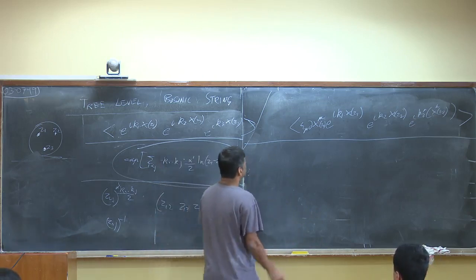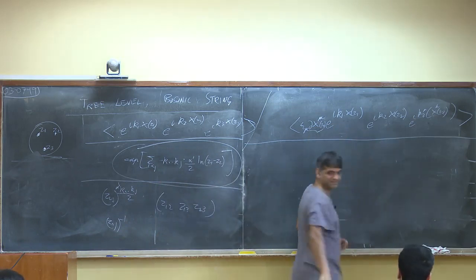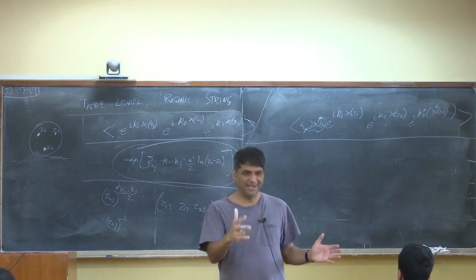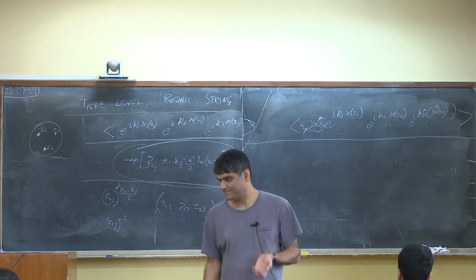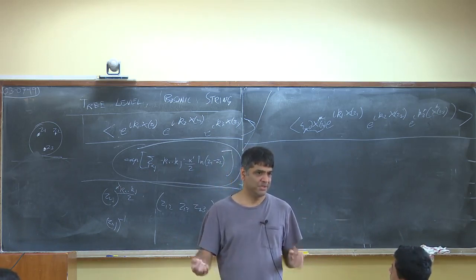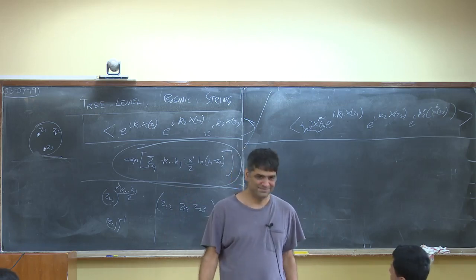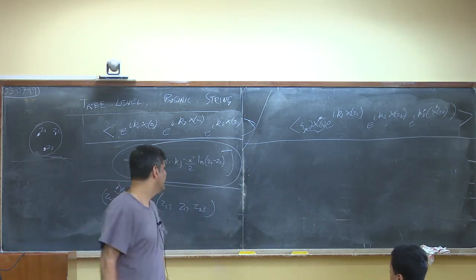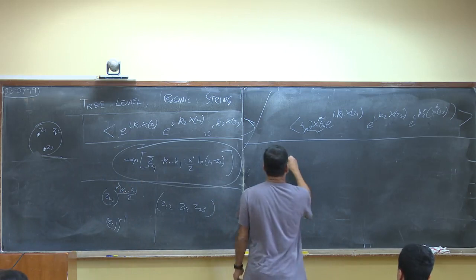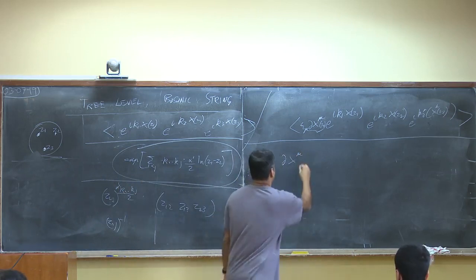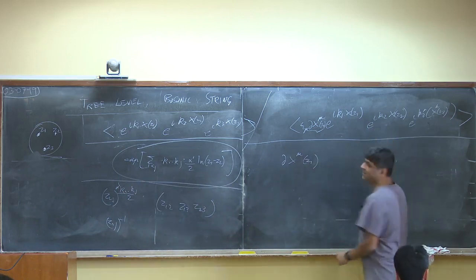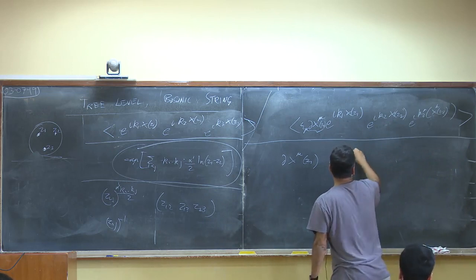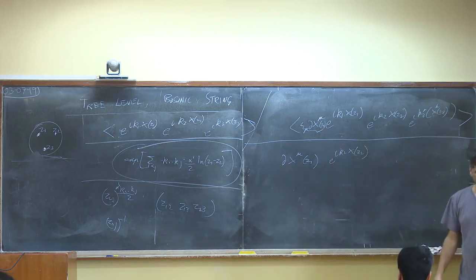So let's work out the weak contractions with this guy and this guy. All we're doing is taking some normal ordered expression and re-expressing it in terms of something times normal order. And once that something is normal ordered, only one in that normal ordered expression can contribute. That's the usual Wick theorem. So what we want is, we've got ∂x^μ of z1, and then we're going to do all the contractions we can with e^{i k2·x(z2)}.